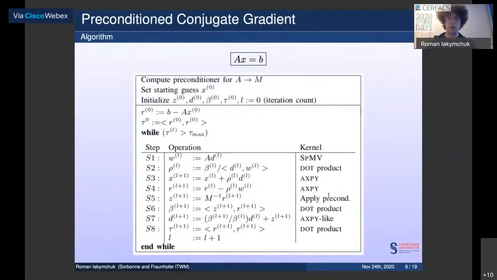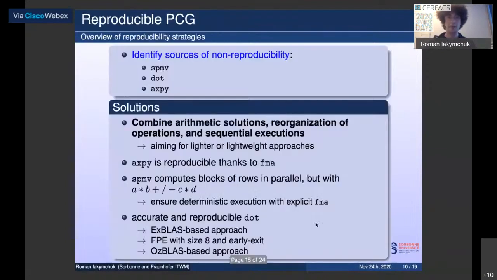Let's take a look at our test case, which is preconditioned conjugate gradient. We know it pretty well, so our idea was to ensure reproducibility and accuracy of each underlying kernel, and thanks to that, we would be able to ensure reproducibility of the method as a whole. The obvious sources of non-reproducibility are those kernels that require reduction or some parallelism: SpMV, dot product, and AXPY. AXPY is rather simple because we can use FMA.